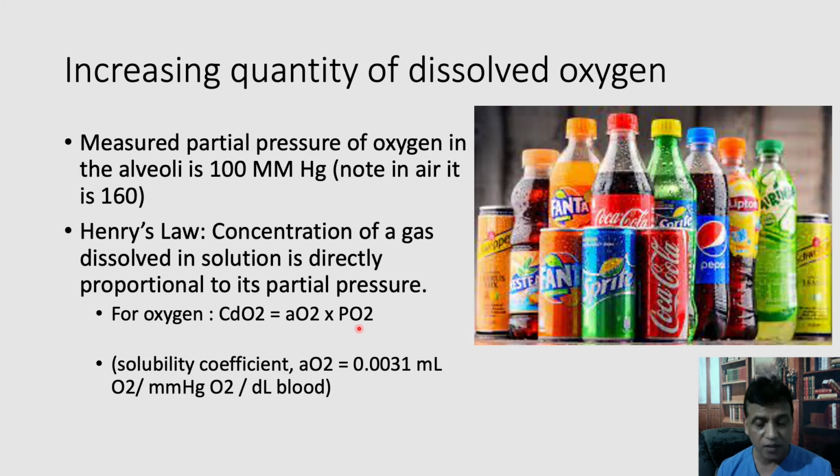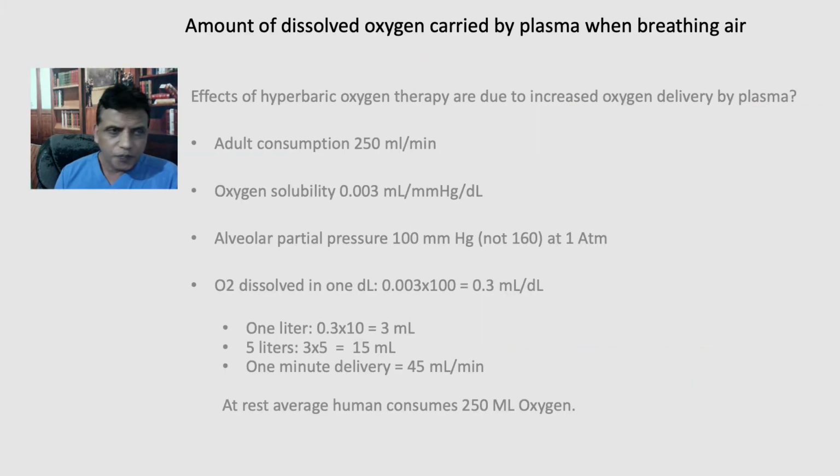So greater the partial pressure of oxygen, the greater the amount of oxygen dissolved in solution. Now the next two slides are going to be a little laborious because we're going to do some calculations. However, bear with me, it will all be worth it, because we will see how through increasing partial pressure of oxygen there can be substantial increase in the amount of oxygen dissolved in solution.